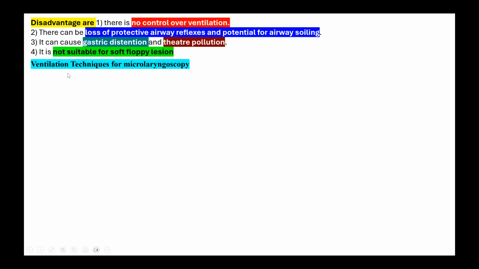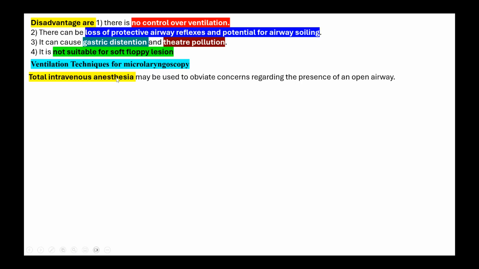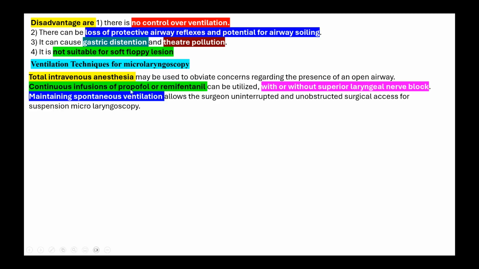And if you want to have control over the ventilation, what are all the ventilation techniques for microlaryngeal surgery? Usually, nowadays we resort to total intravenous anesthesia using either propofol and remifentanil, or now they use dexmed also. And continuous infusion of propofol and remifentanil with or without superior laryngeal nerve block can be done.